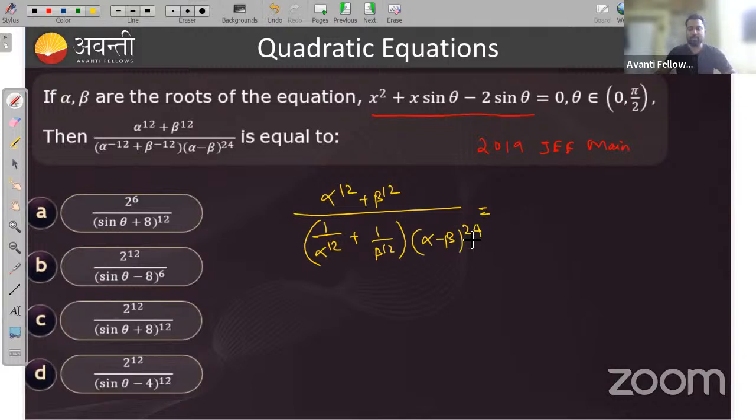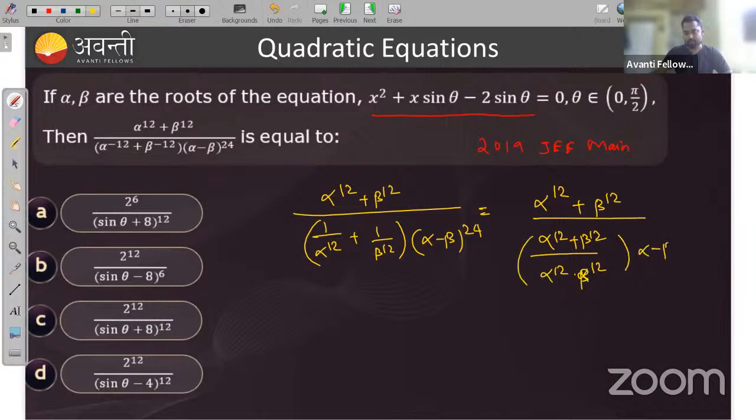Yes, I can write. If I take the LCM in the denominator, this becomes alpha to the power 12 plus beta to the power 12 upon alpha to the power 12 into beta to the power 12, into alpha minus beta to the power 24.